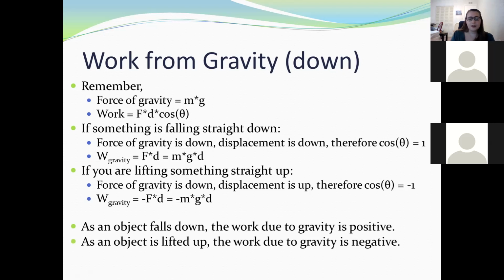So remember, as an object falls down, the work due to gravity is positive because gravity is helping it fall down. If you're lifting an object up, then the work done by gravity is negative because it's opposing that motion. It's not helping you lift it up.